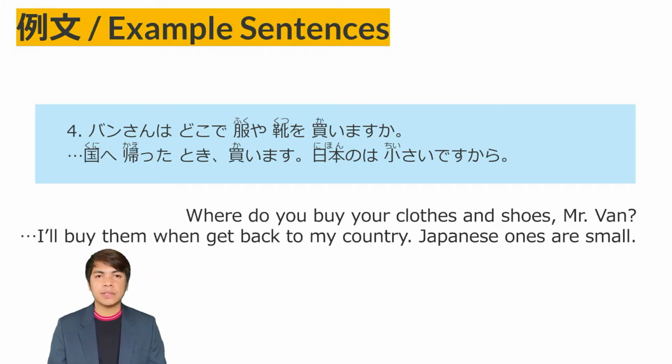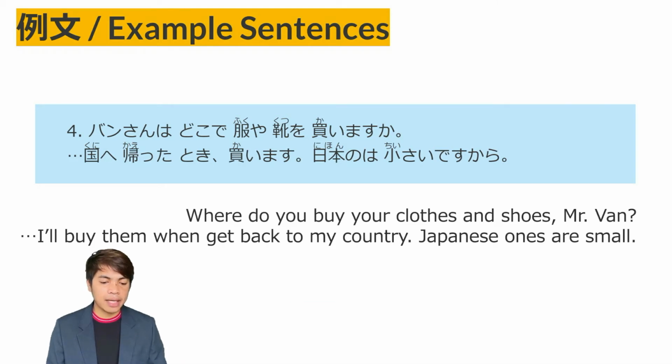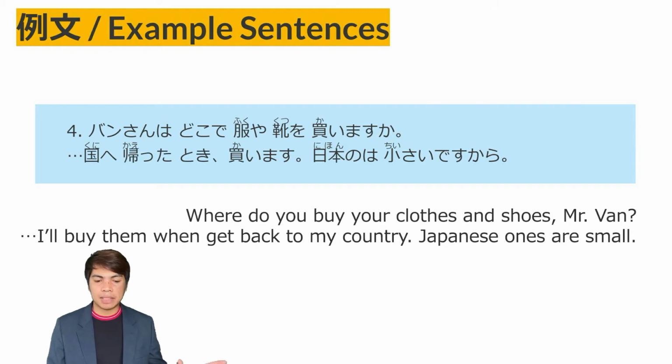So we can also use the past tense of the verb plus toki. From the sentence kuni e kaerimashita, went back to my country. So when I'm in my country, that's the time I will buy. Because Japanese ones are small.